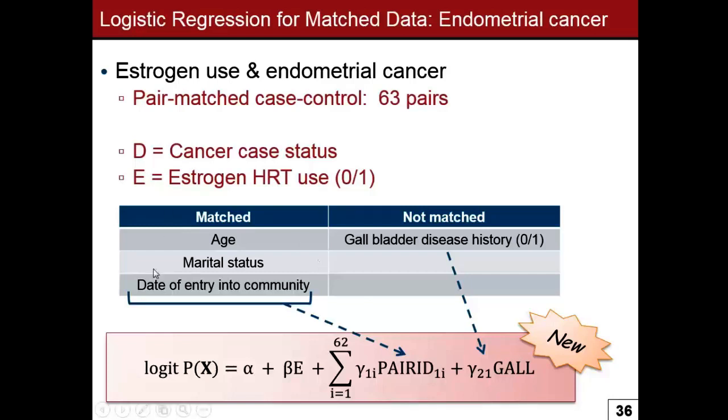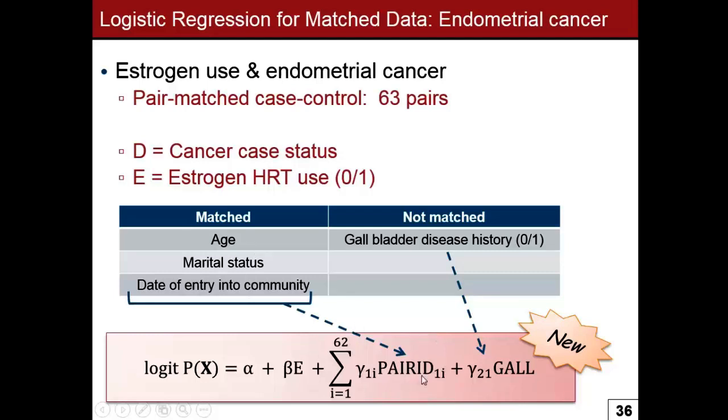The matching is baked into what it means to be in a given pair, so we control for all of this in the model by controlling on the pair itself, the ID number of which matched pair you're in. Age, marital status, and entry into the community are not explicitly controlled for; they're just in there: you are in pair 17, which means you are this age and this marital status, based on how we recruited you.